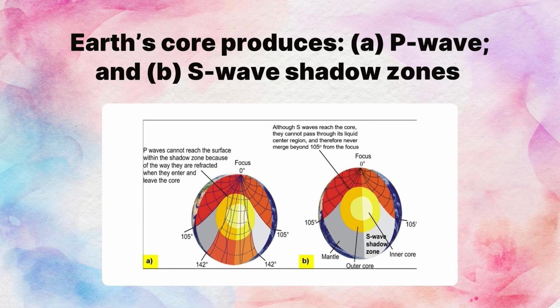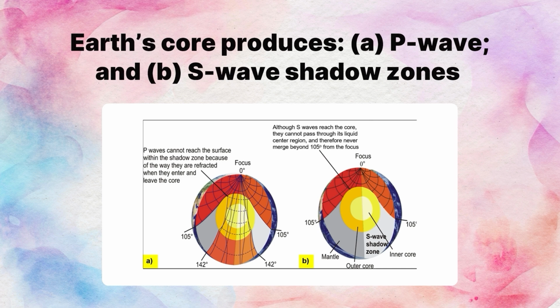Here is the diagram by which I am trying to show the shadow zone. P waves cannot reach the surface within the shadow zone because of the way they are refracted when they enter and leave the core. This is the core and this is the shadow zone.